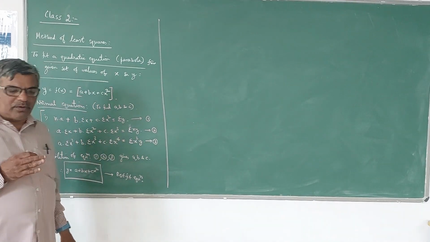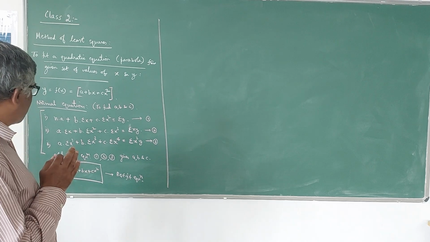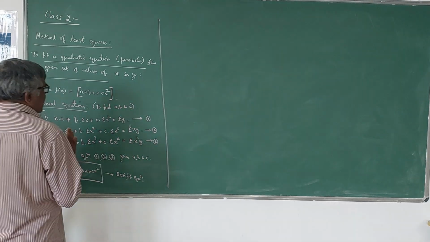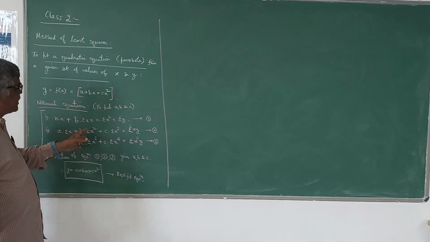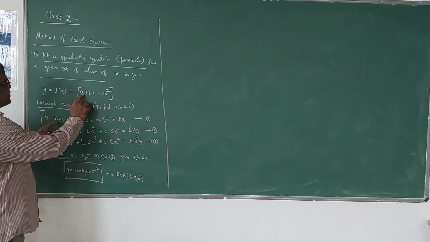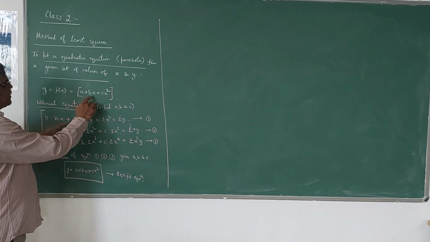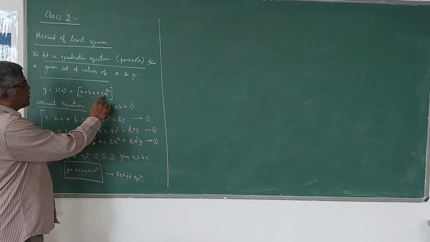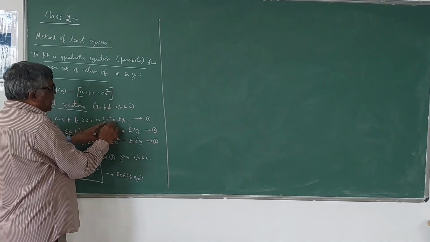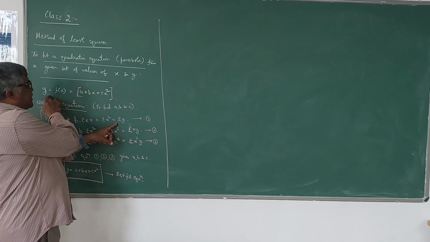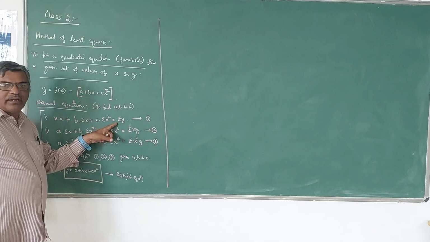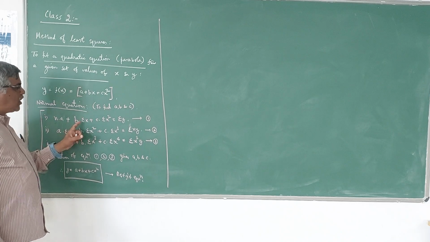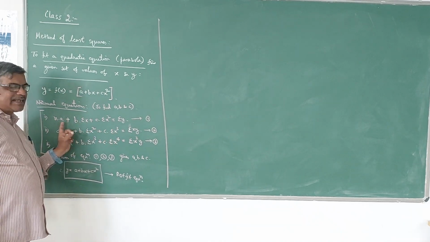So it is very easy to remember these equations. In the first equation, a is associated with n, b is associated with sigma x, c is associated with sigma x square, and it is equal to sigma y. For the second equation, just go on multiplying each and every term by x.